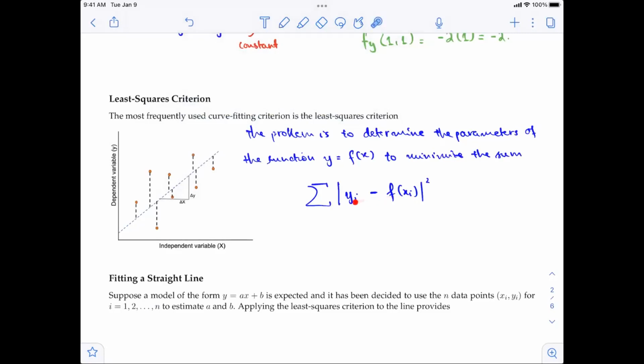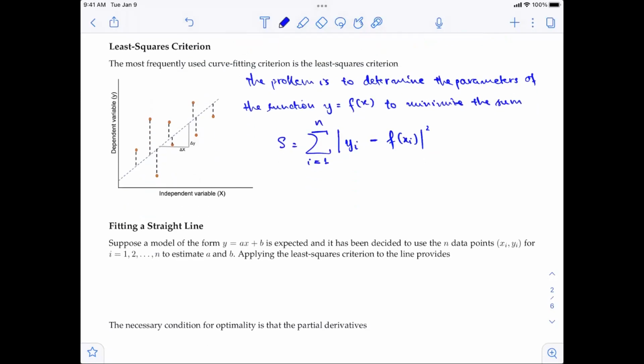You find the distance between the point you observe and the point that you get from the line. You square it and take the sum, for i going from 1 to n, and I call this summation S, for n data points (x sub i, y sub i), where i is going from 1 up to n.